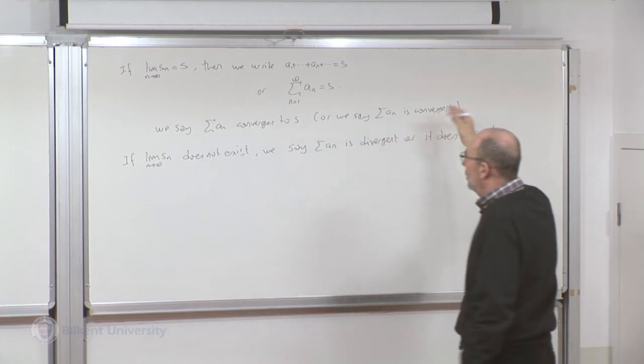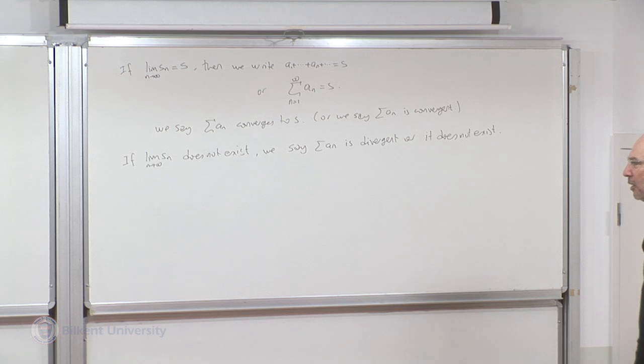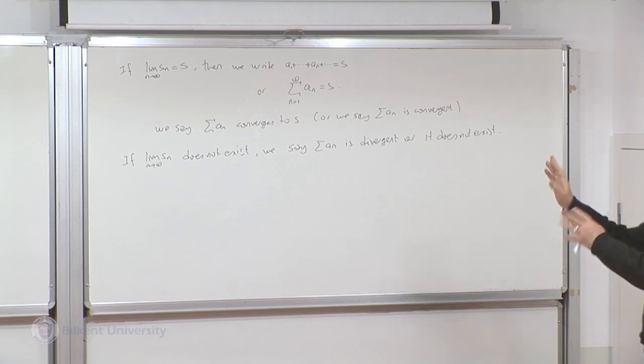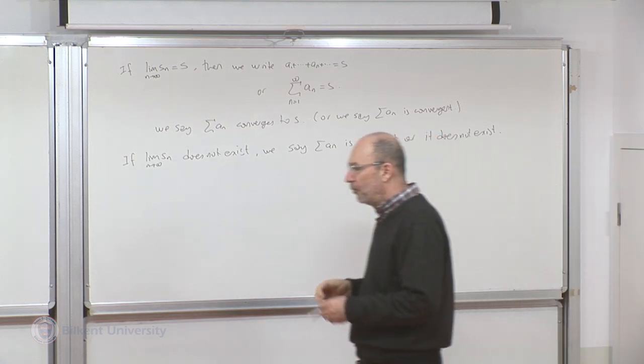Okay, so this part is just terminology. When we know the limit of the sequence of partial sums exists, we say that this infinite sum exists. It is convergent to that limit.